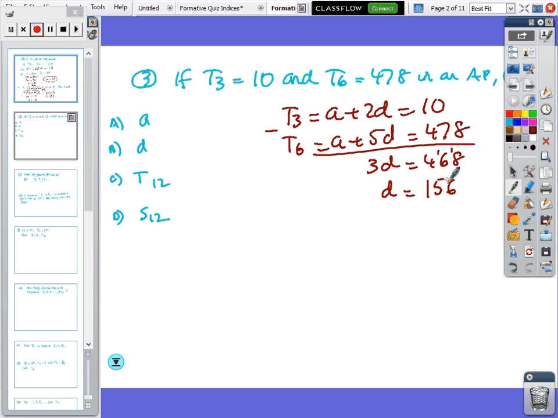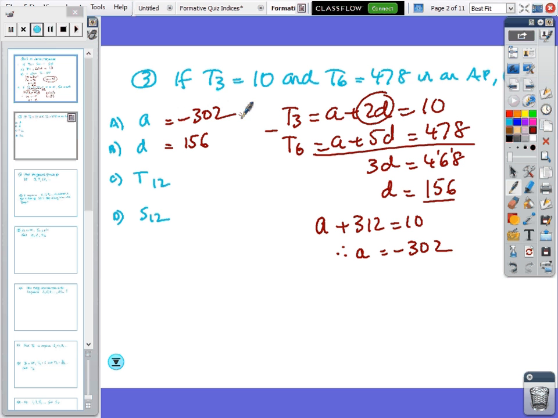Big numbers. You have to find A, so A plus 2 times 156, 312, equals 10, so A equals minus 302. Silly numbers, but that's what it is.